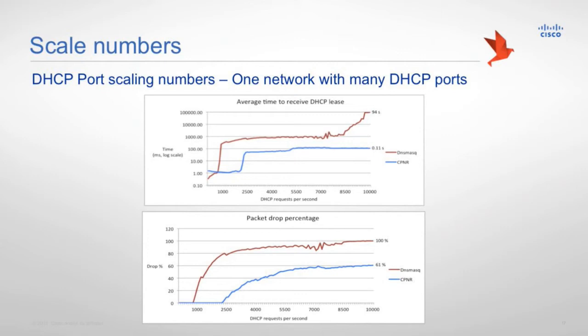Packet drop is also great with our plugin. It's almost 0% up to about 2,500 clients, and then the drop is about 61% with 10,000 clients. But Dnsmasq almost doesn't reply at all with 10,000 clients.